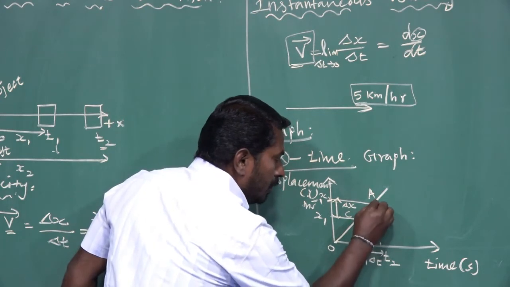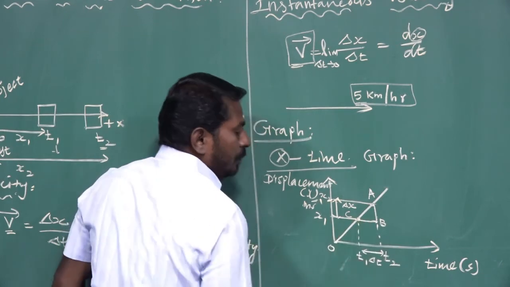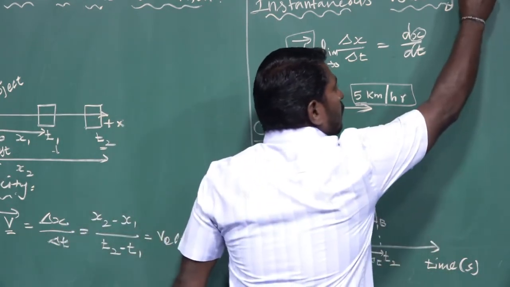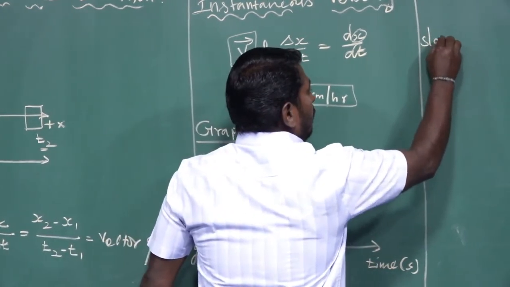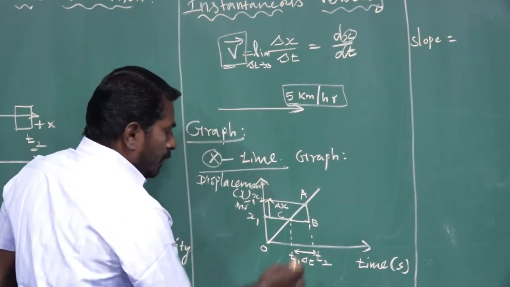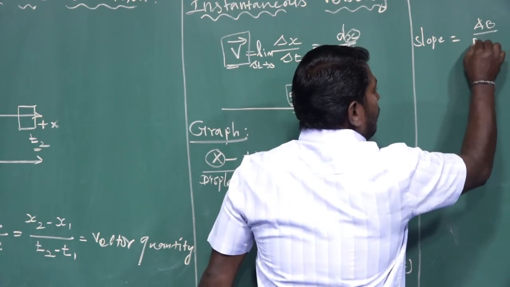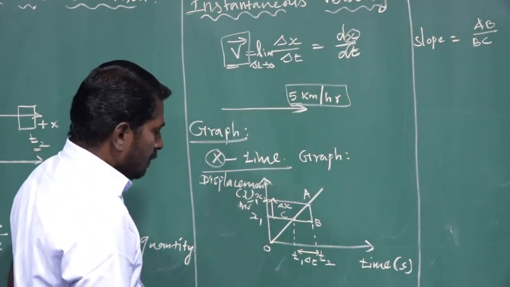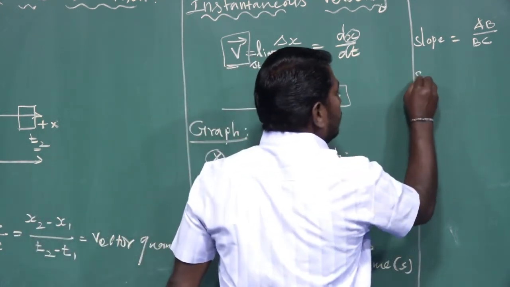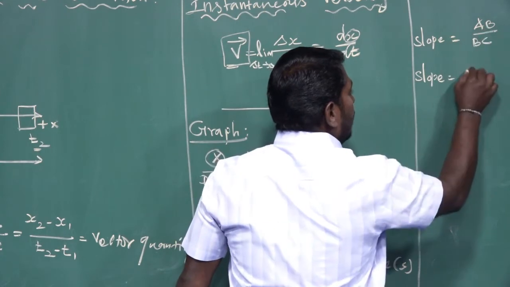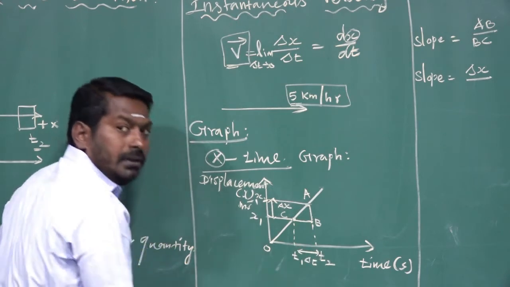Taking the slope on this straight line, with points A, B, and C, the slope is equal to AB divided by BC. AB is the change in displacement, del x, and BC is del t.